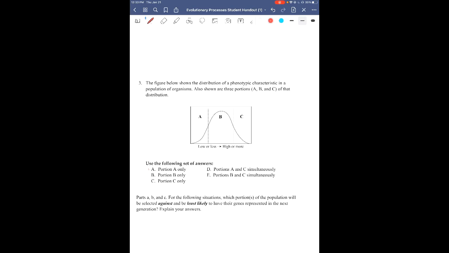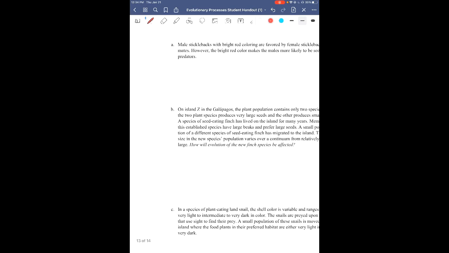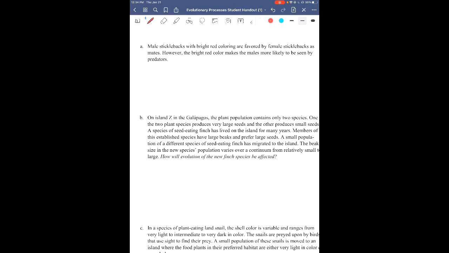For this, we're going to determine whether that portion of the population will be selected against, or least likely to have their genes presented in the next generation. Okay, so male sticklebacks with bright red coloring are favored by female sticklebacks as mates.